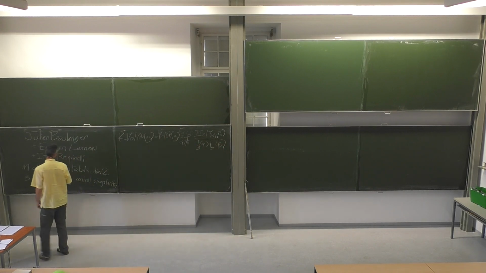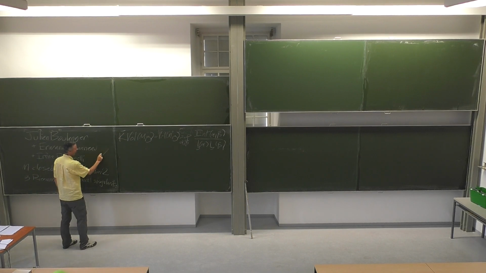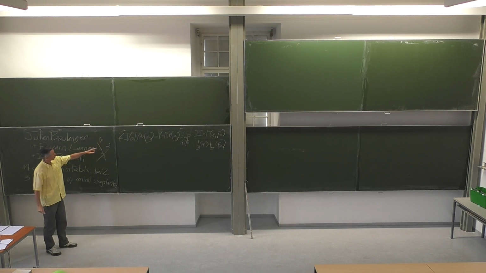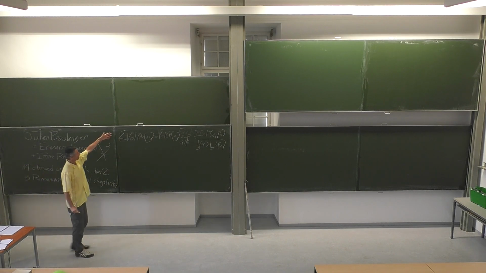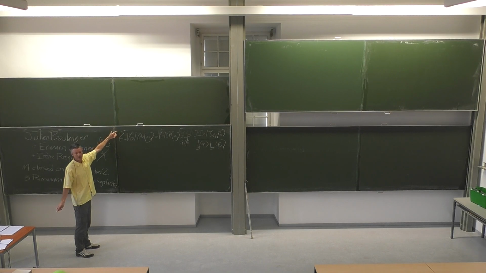Algebraic intersection means, so this is alpha, this is beta, and I count +1 when beta crosses alpha from right to left and -1 otherwise. So this thing, some people call it interaction strength.